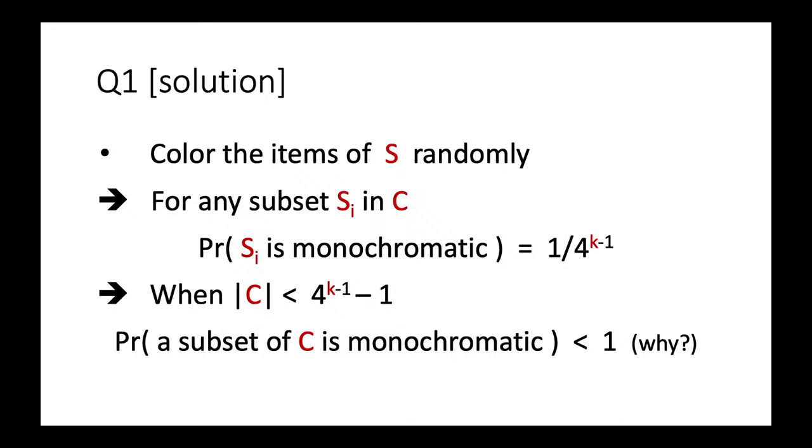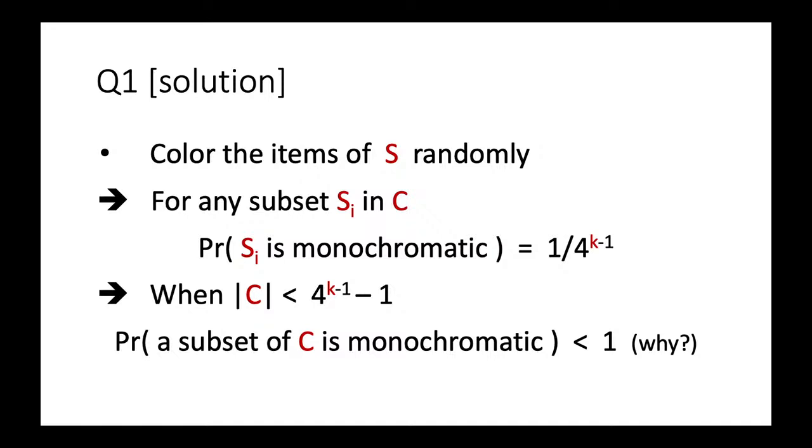Si can be monochromatic if all of them are colored red, or all green, or all yellow, or all blue. There are 4 different ways that Si can be monochromatic.